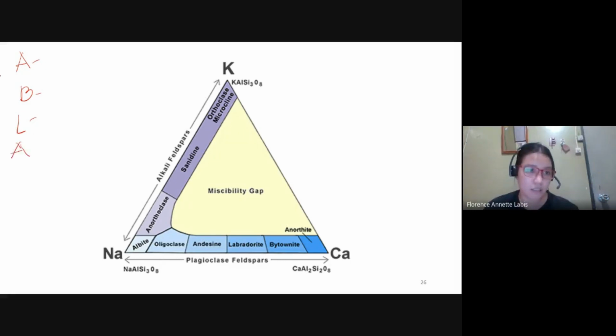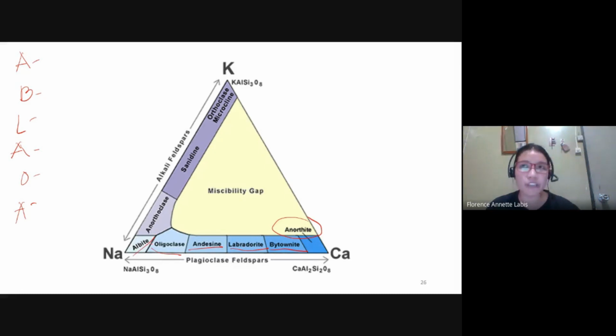A for anorthite, B for bytownite, L for labradorite, A for andesine, O for oligoclase, and A for albite.